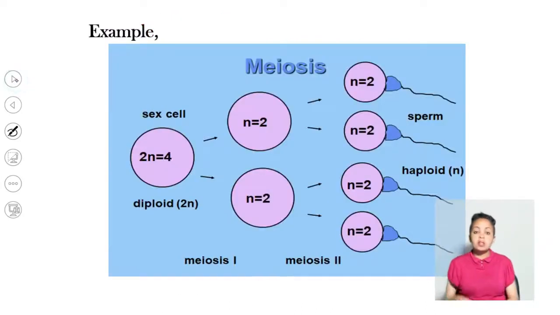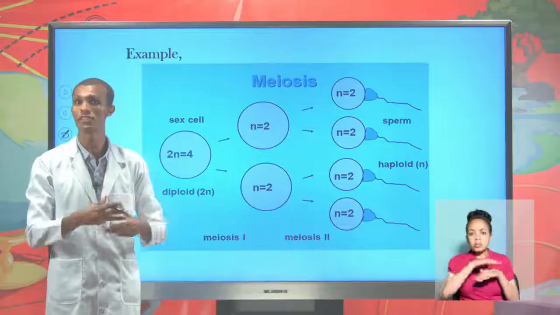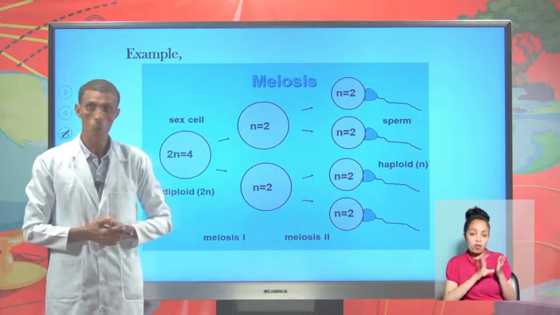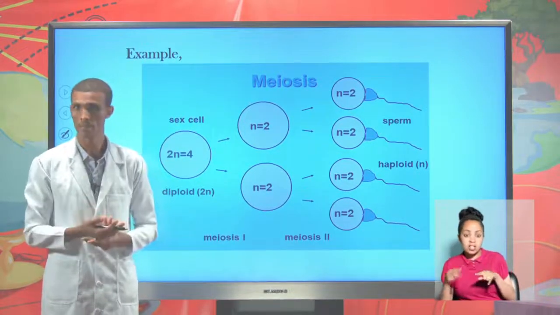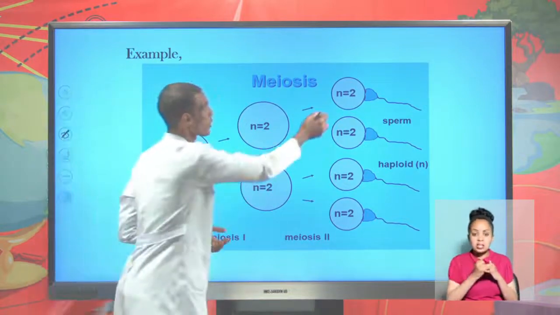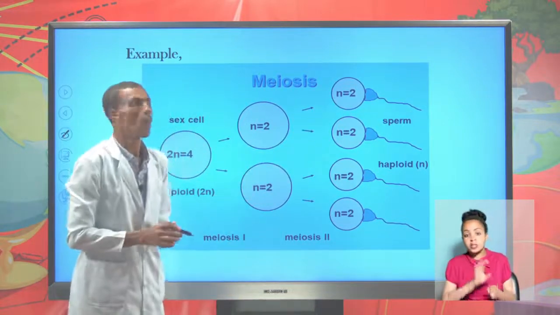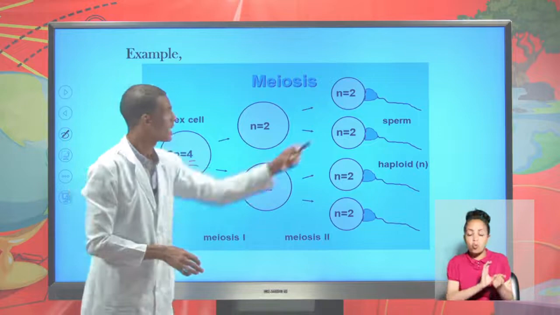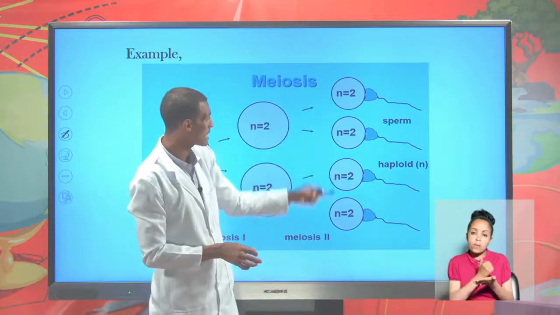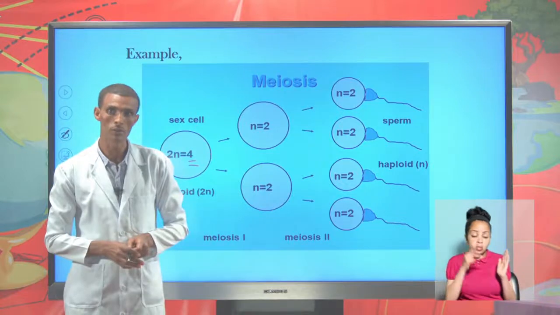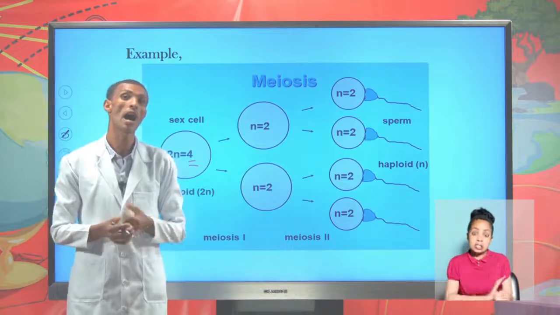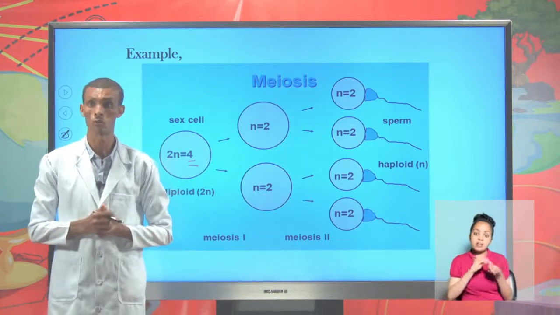Students, when you speak about meiosis, it involves spermatogenesis and oogenesis. If a cell with 4 chromosomes is to be divided meiotically, at the end there is a formation of 4 daughter cells, where each daughter cell has half the number of parental chromosomes.